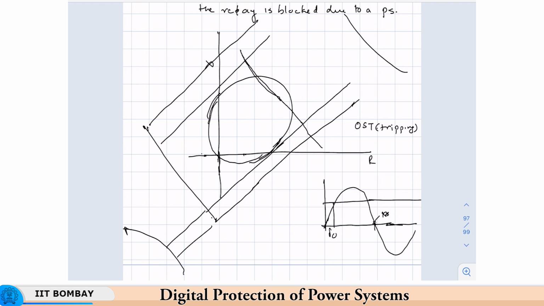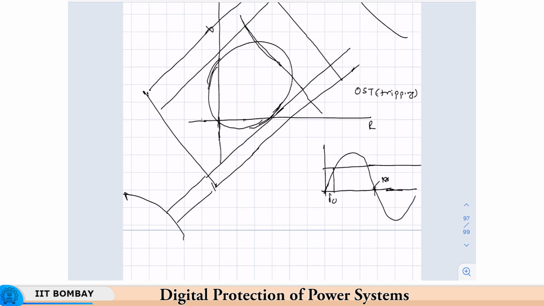You can think of them as having characteristics like this, and then beyond this, any swing occurring beyond that is ignored. Again, this is very similar, very easy to implement in a numerical relay. In an electromechanical setup, other than the blinders, you will need an overcurrent relay as well.